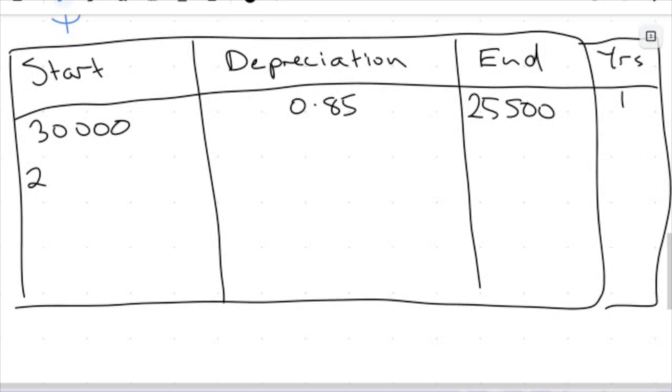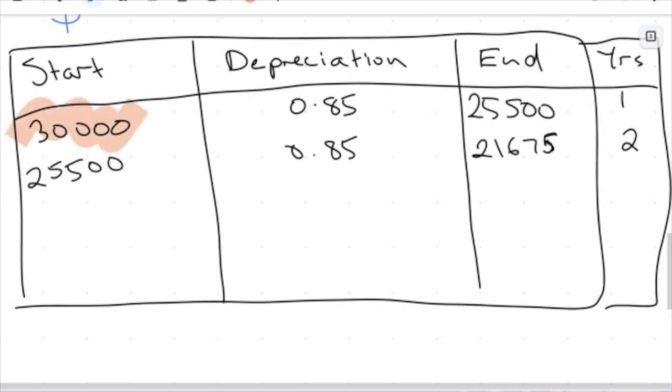After the second year, my end price at the end of the first year becomes the start price. So once again, I'm going to multiply it by 0.85. And that gives me 21,675 at the end of 2 years. And if we notice here, what I'm getting is my original price. Well, let's just do this one more time.